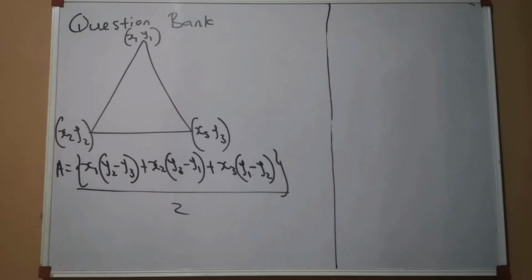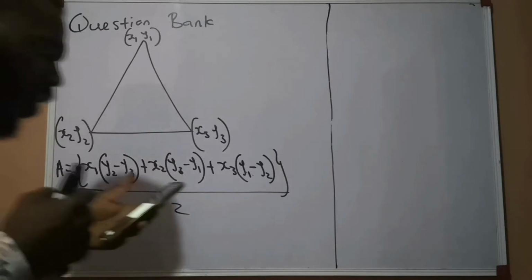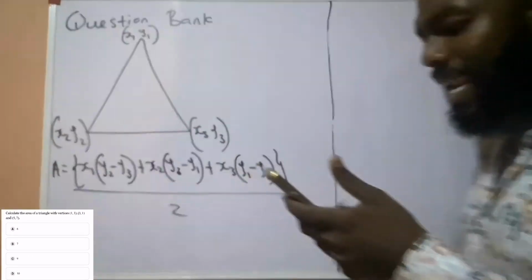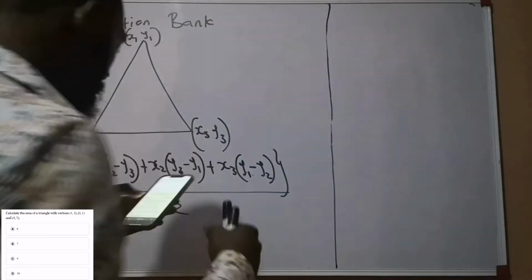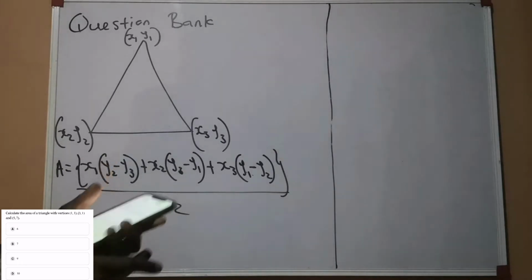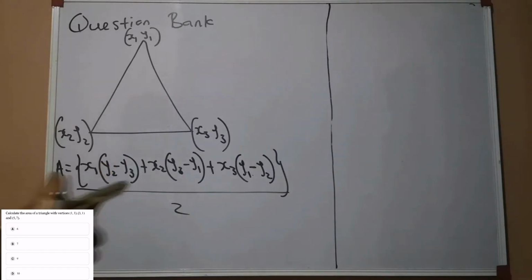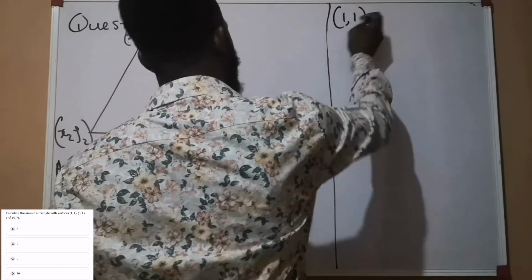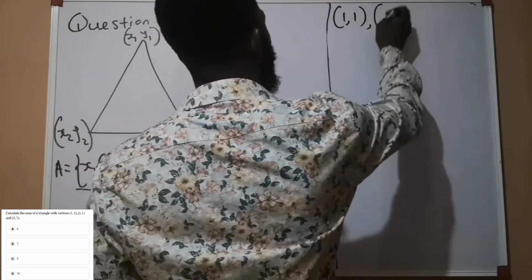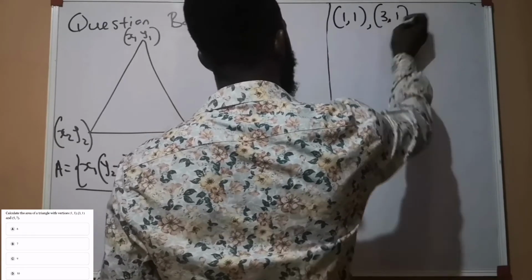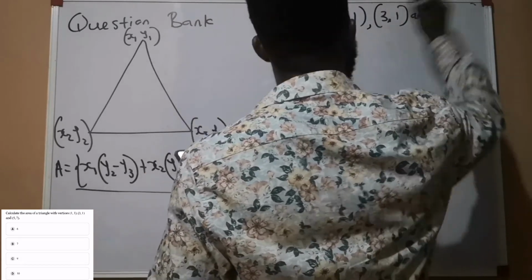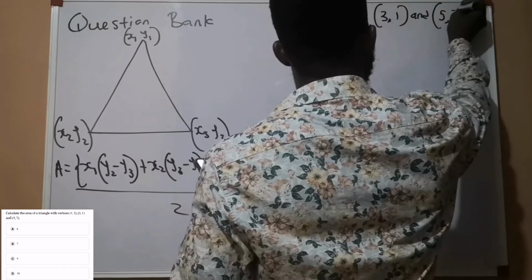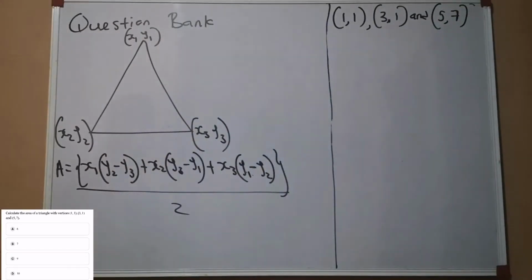The question says, find the area of the triangle formed by the vertices 1, 1, 3, 1, and 5, 7. Now this is the question.